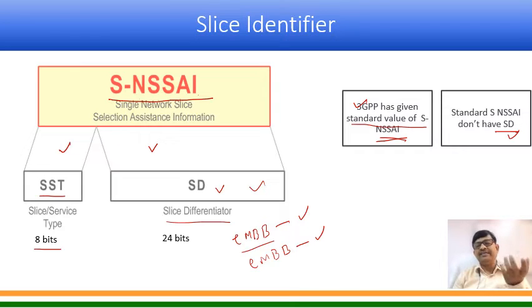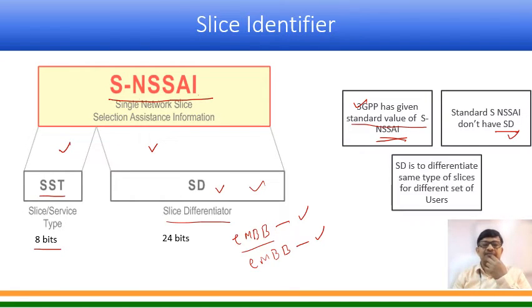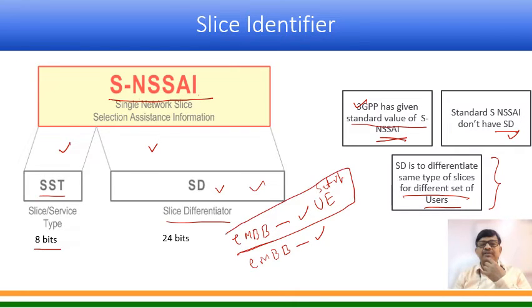In case SDs are required, that is done at the operator level; 3GPP has not defined it. As I said, SD is used to differentiate slices of the same type for different sets of users, in case a particular operator wants to do that. For example, a certain set of UEs accesses one eMBB slice, and certain other sets of UEs access the other eMBB slice.